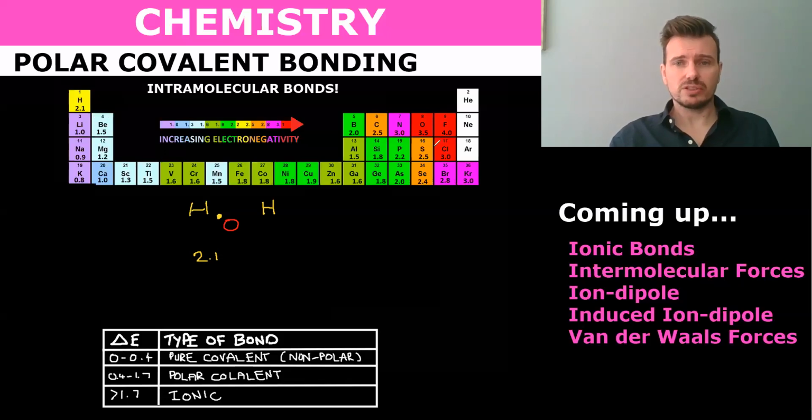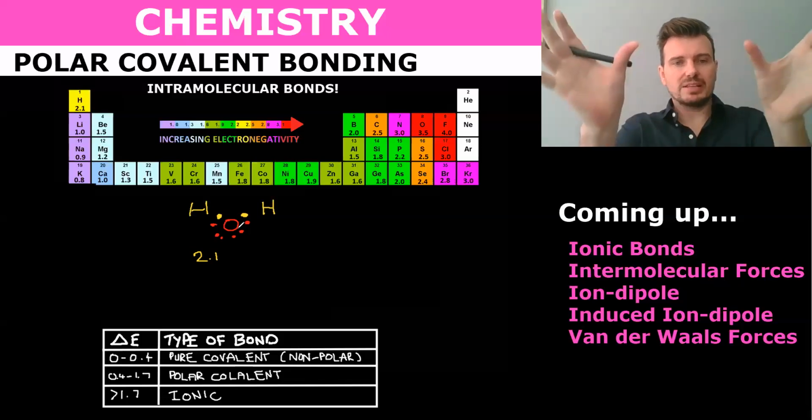Now, each hydrogen brings one valence electron to the party, and oxygen brings a total of 1, 2, 3, 4, 5, 6. So one there and one there will bond with each hydrogen, and these extra two pairs are what bends that molecule.